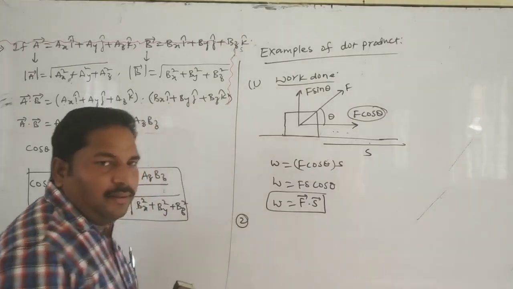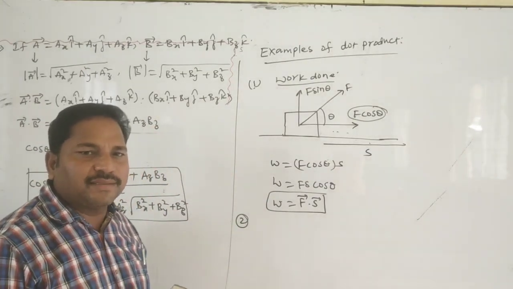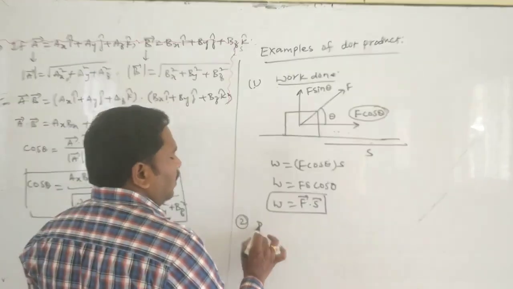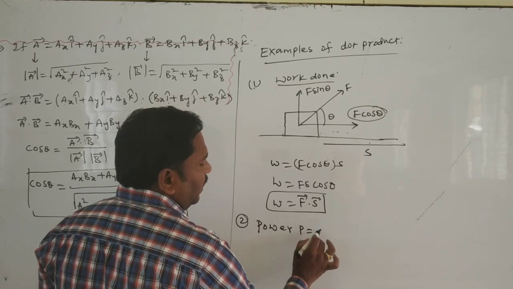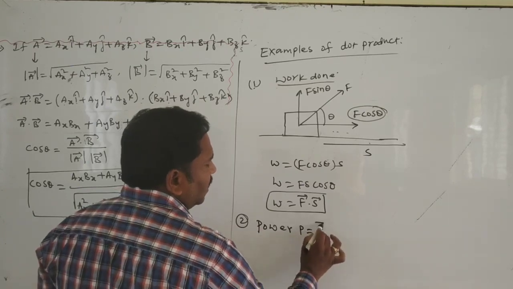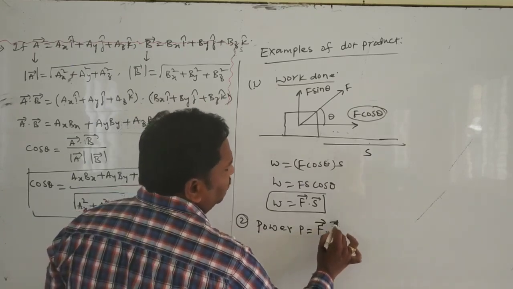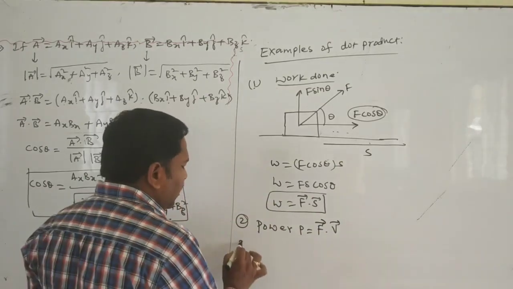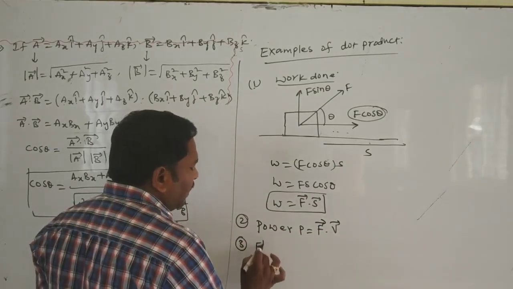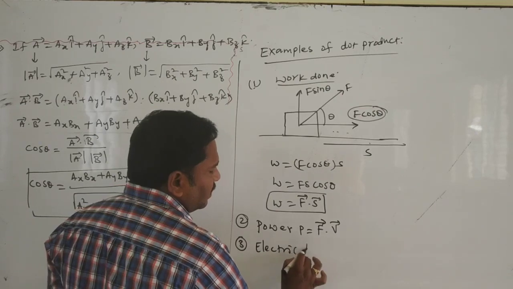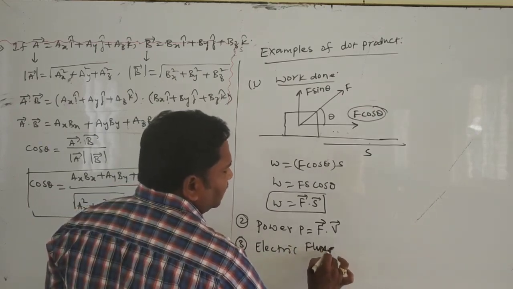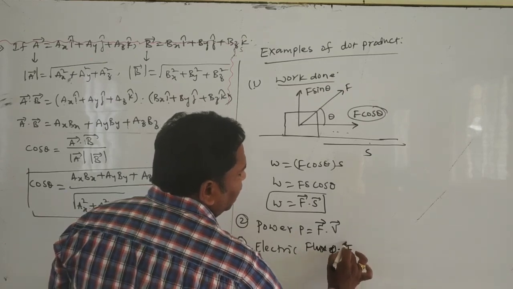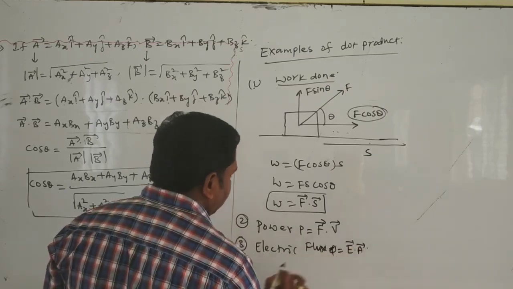Second example, electric power: power equals force into velocity. And the third one, electric flux phi equals E bar dot A bar.